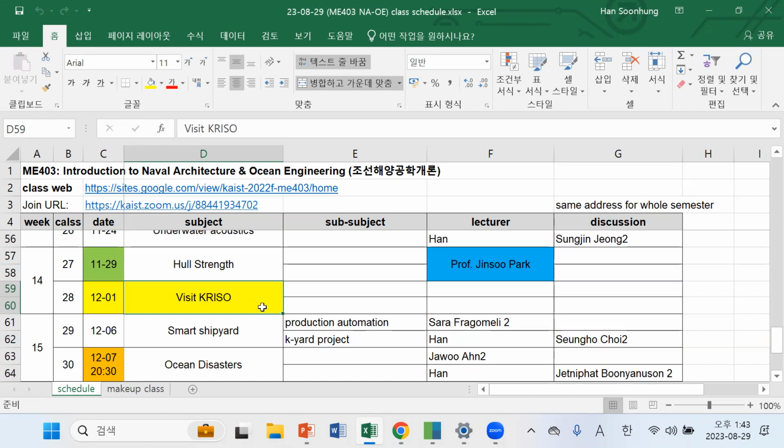The institute has, I guess, a 200-meter-long towing tank, and they also have a large-scale ocean engineering testing tank. That is about, say, an indoor swimming pool, but 40 or 50 meters long scale. Also, they have an ice tank.